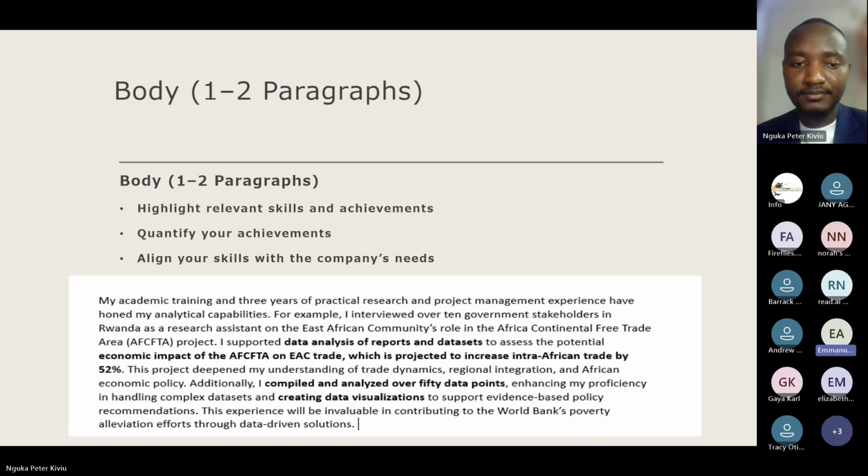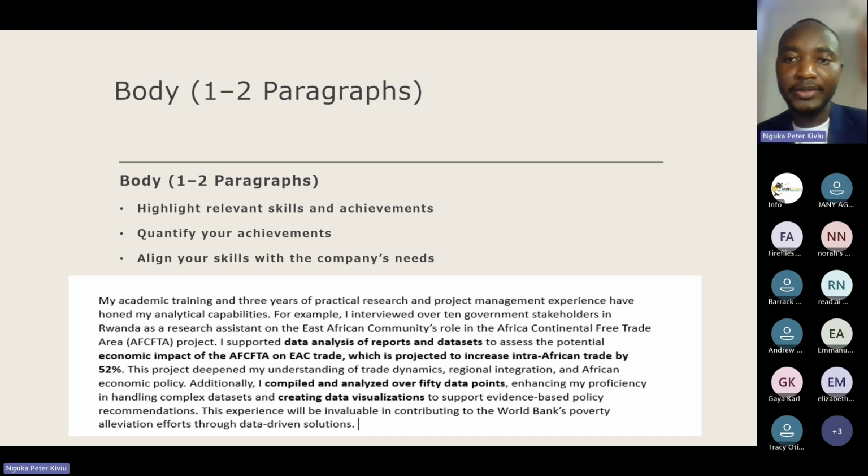This project deepened my understanding of trade dynamics, regional integration, and African economic policy. Additionally, I compiled and analyzed over 50 data points, enhancing my proficiency in handling complex data sets and creating data visualization to support evidence-based policy recommendations. Experience will be invaluable in contributing to the World Bank's poverty alleviation efforts through data solutions.